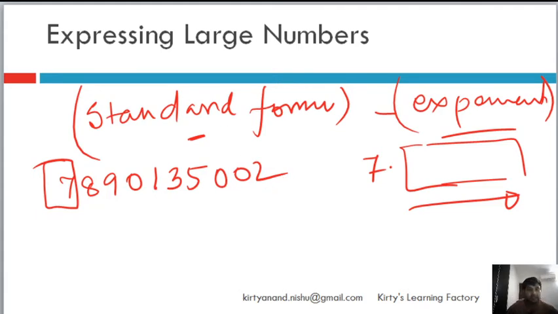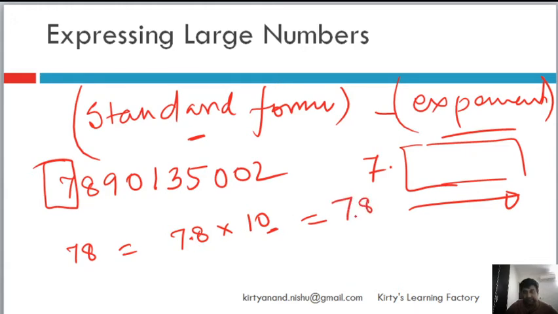So let's start with a smaller one. Let's say 78. Can I write 78 as 7.8 into 10? Yeah, remember my lesson on decimals, in which we learned multiplication of decimal numbers with 10, 100, 1000, etc. When I do that, this is 10, and which is why I have adjusted the decimal by 1 point here, right?